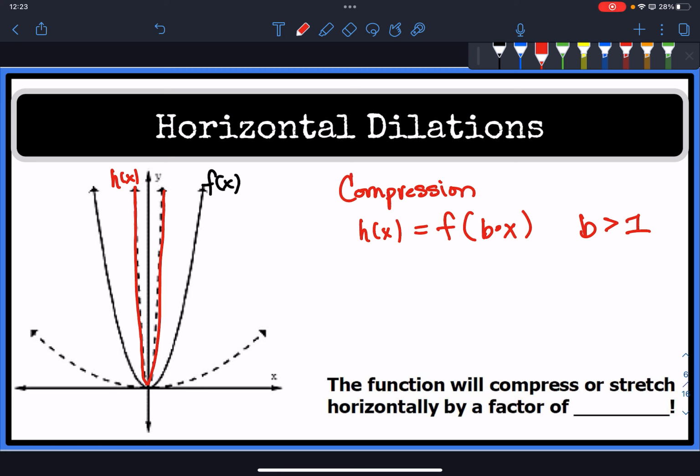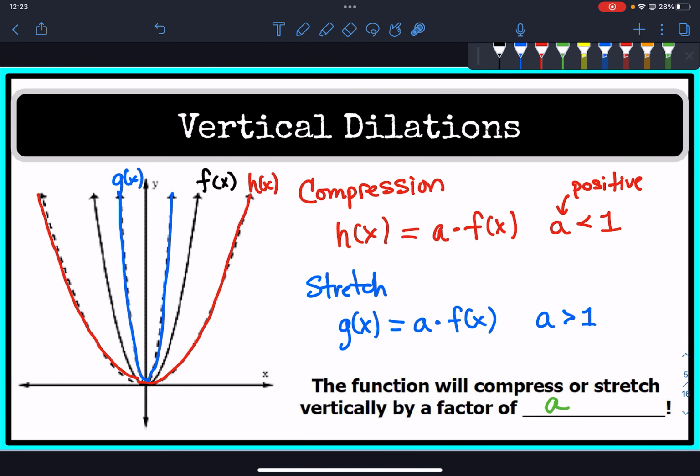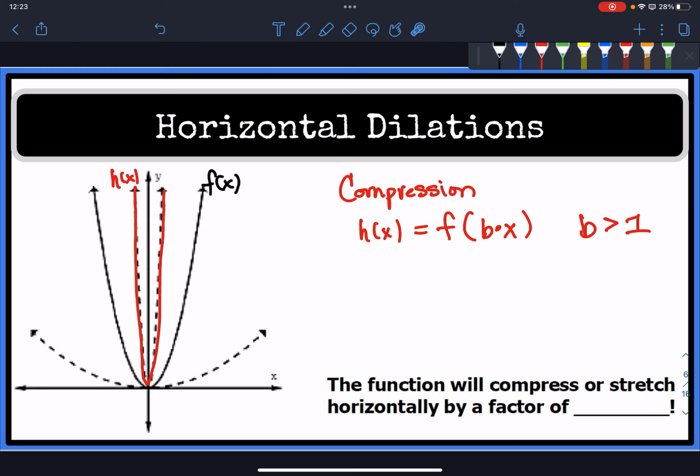So you see, it works backwards, because if we think that multiplying by a number greater than 1 should stretch it out, it does the opposite. It actually compresses it and makes it narrower. So just like here, in order to get a skinnier graph, we have to multiply by a number greater than 1.